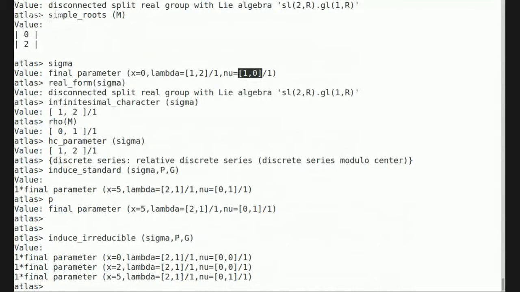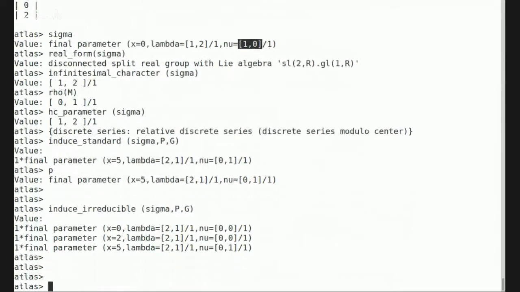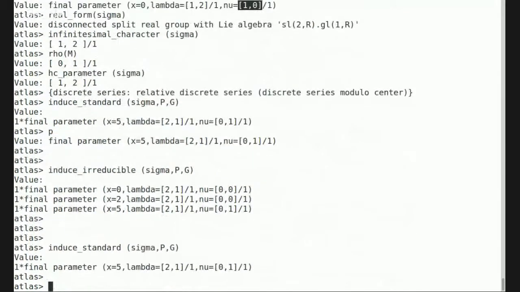Okay, so what this means, maybe I should put a little note here for the record. When I did induce standard, what this means is that induced from P up to G of this discrete series is equal to a single standard module, x is equal to 5, 2, 1, 0, 1.